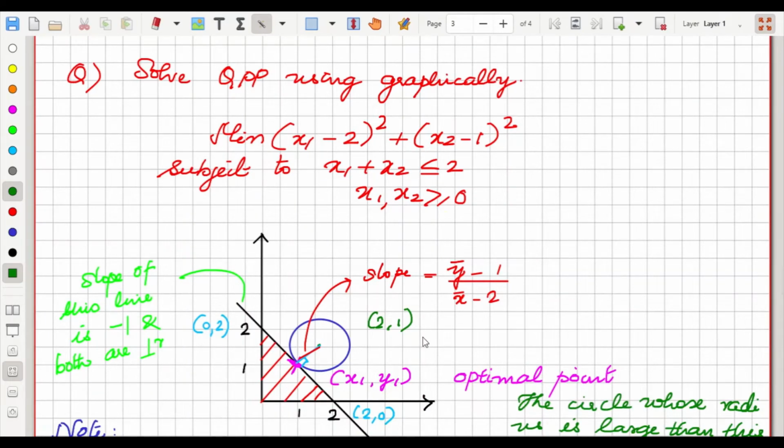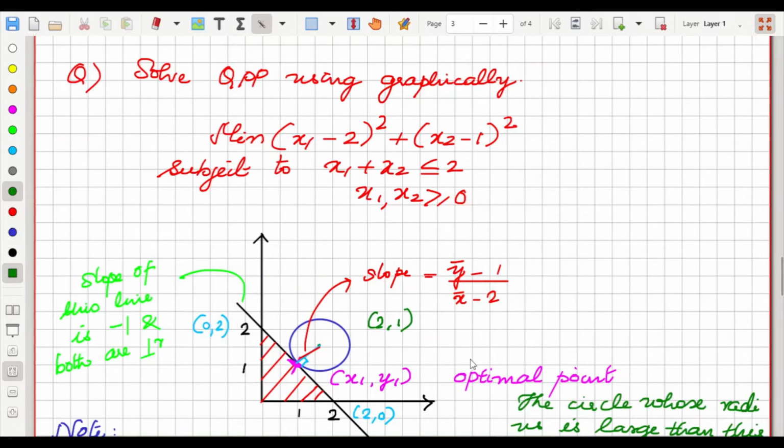Solve the QPP problem graphically. Minimum (x1 minus x2) the whole square plus (x2 minus 1) the whole square subject to x1 plus x2 less than or equal to 2, also x1, x2 greater than or equal to 0.